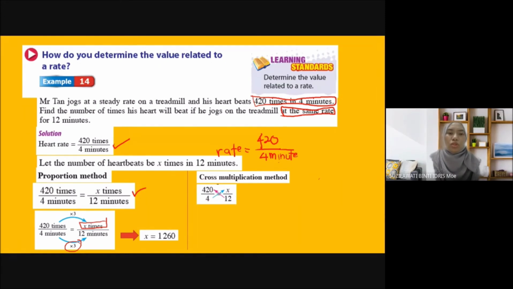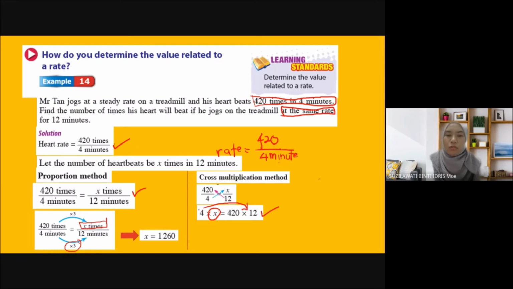Then you just cross multiply it. 420 multiplied by 12, 4 multiplied by x. Once you get to this part here, 4 multiplied by x equals 420 multiplied by 12. You just need to find what is x. So you need to remove 4 here. How to remove it? By bringing it to the other side.